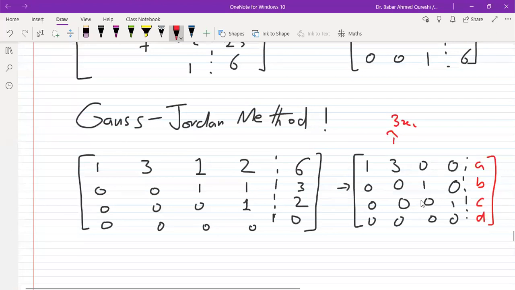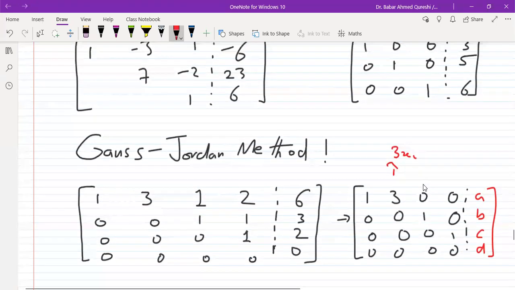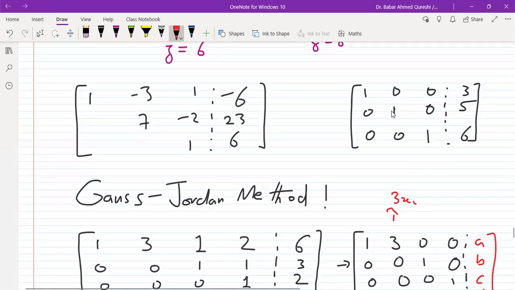So what are the properties of this matrix? They are in echelon form, but also they have the property that for the first non-zero number in a row, all the numbers in that column are 0. Because you eliminated the numbers above, and below it they were already eliminated because it was in echelon form.